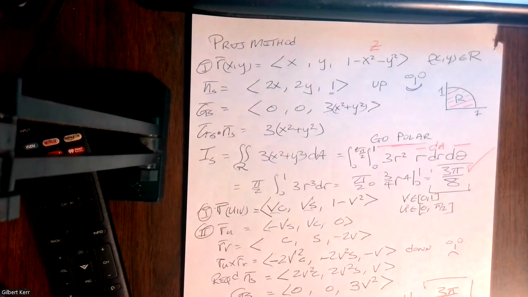And so in that sense, the upside down paraboloid is kind of unique in that it also works well with the projection method. The others, like the hemisphere, the cone, actually don't work so well.